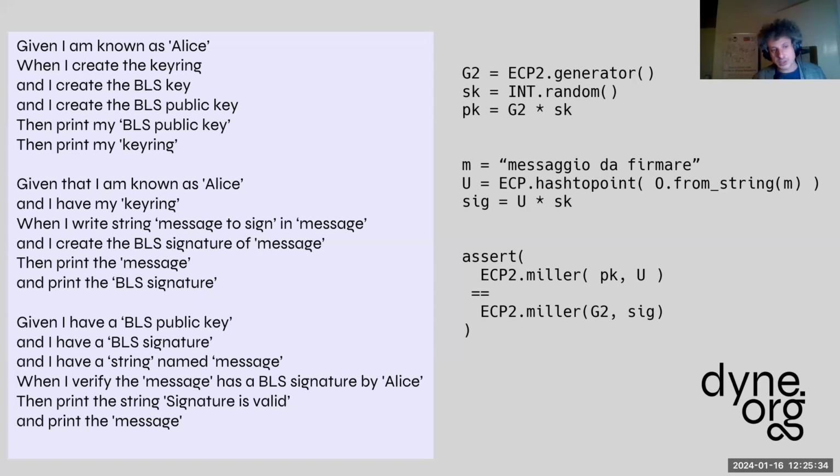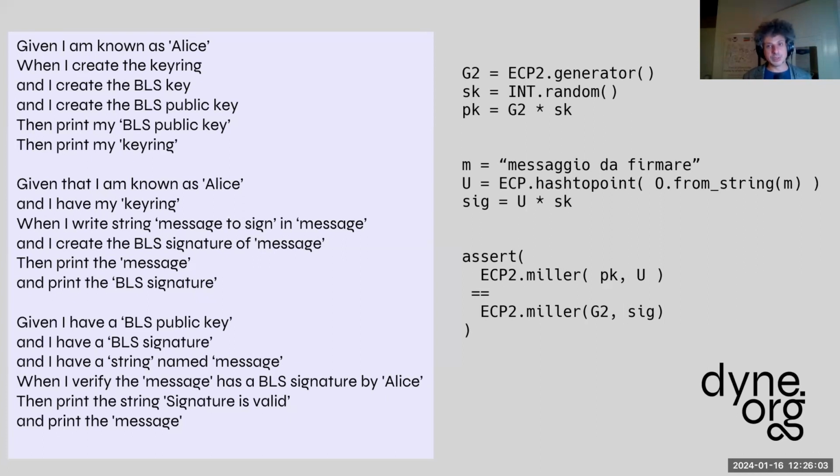If it is not, then the program will stop. For instance, if a keyring is not found, or a valid BLS signature, or a string named message, as I'm declaring, is not found in the input, the program will stop running and will report the error message in a meaningful way, pointing out that this thing that we were supposed to receive as input is missing.